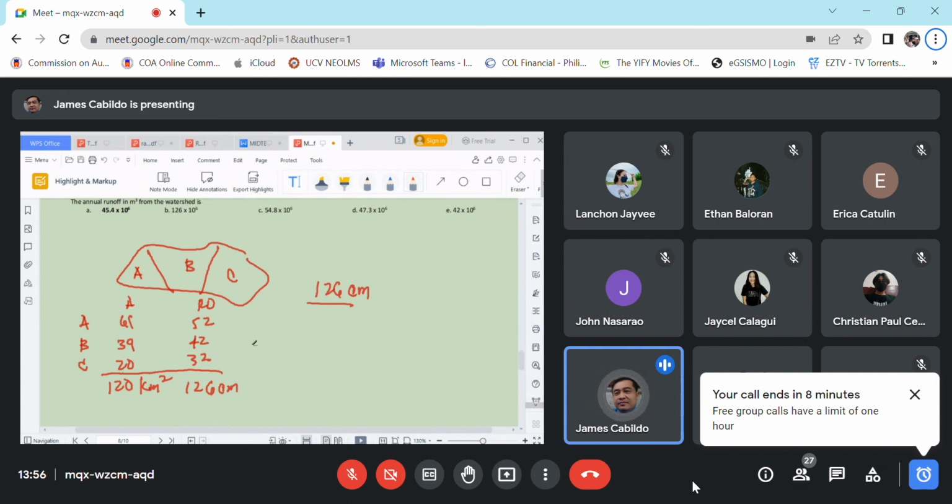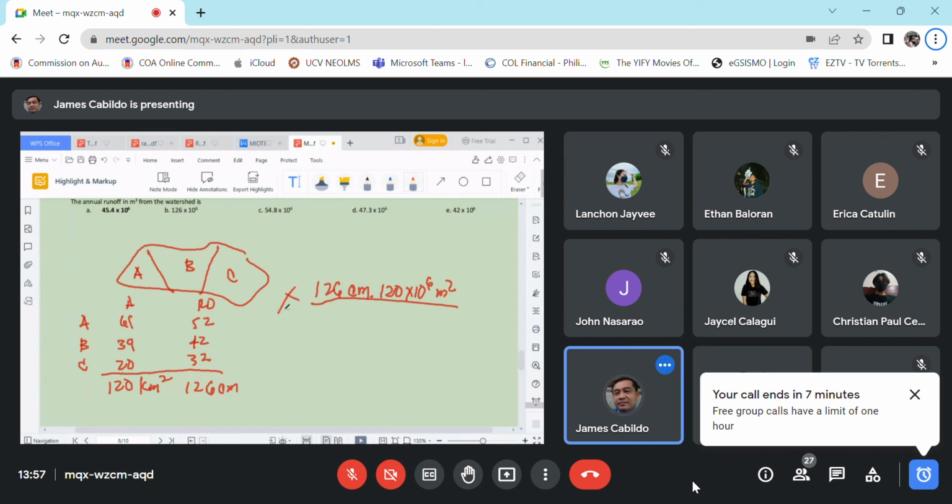Cubic meters. So, multiply na natin yung area, which is 120 times 10 to the 6 square meters. Parang ganun, no? Pero it's not. Hindi natin basta kunin yung total area, tapos total runoff, and then we multiply them para makuha natin in cubic meters.